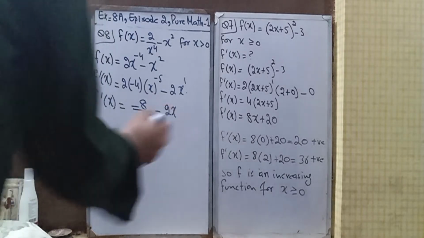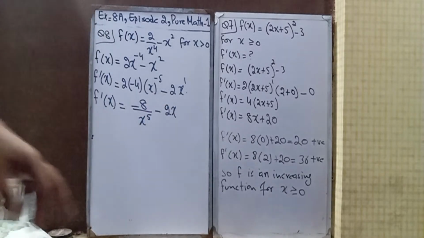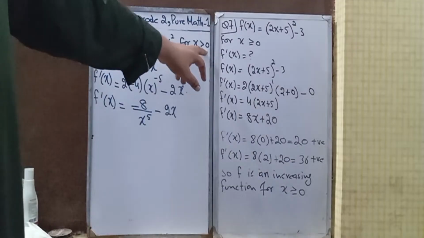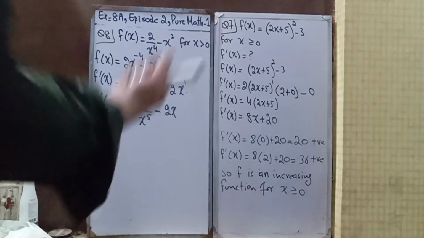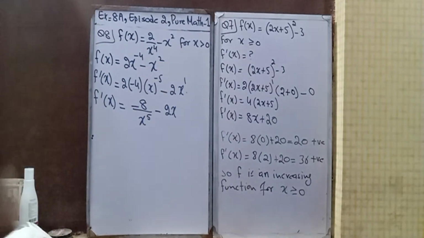Look at this expression. It has 2 terms in it, and the x values are greater than 0. You can take 1, 2, 3, 4. Put any value of x greater than 0 here, for example 0.5.